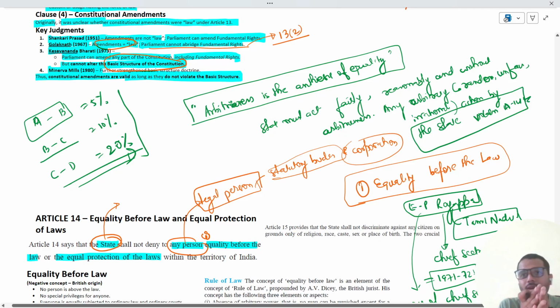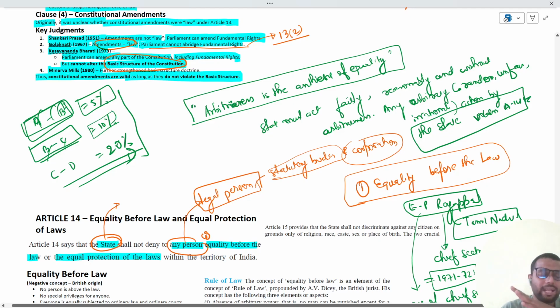So equality before the law is valid here also. Why? Because if you see those citizens who are in A and B, for all those citizens the law is the same, 5%. For all the citizens whose income is in the range B to C, they have to pay 10%.